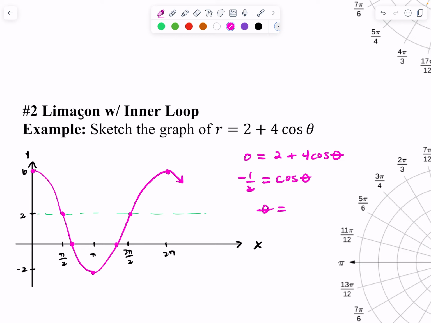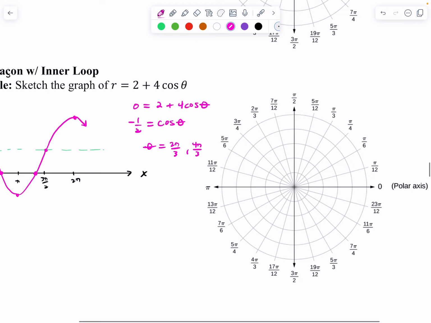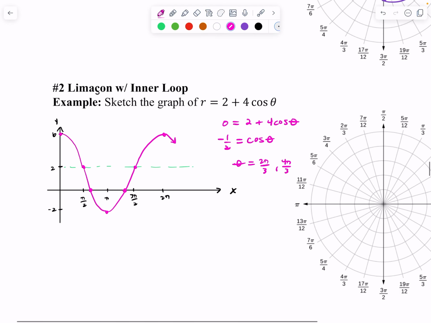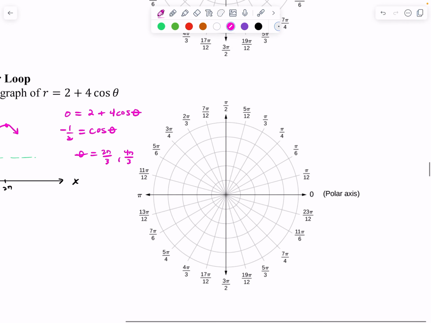So when theta is, let's just think about from 0 to 2 pi, 2 pi over 3 or 4 pi over 3. So this point would be 2 pi over 3, and this would be 4 pi over 3, whenever r would be 0. We'll get back to that in a second. Whenever theta is 0, r will be 6.